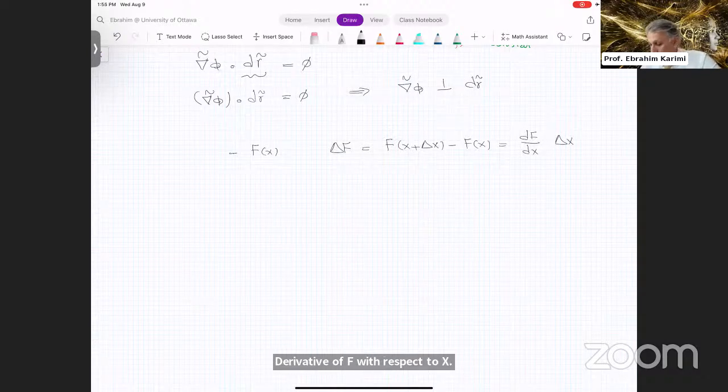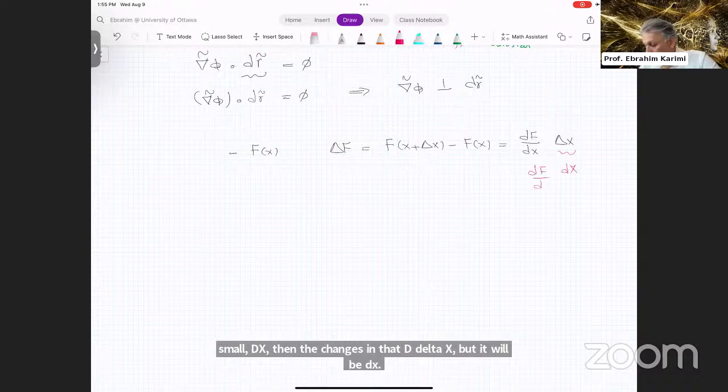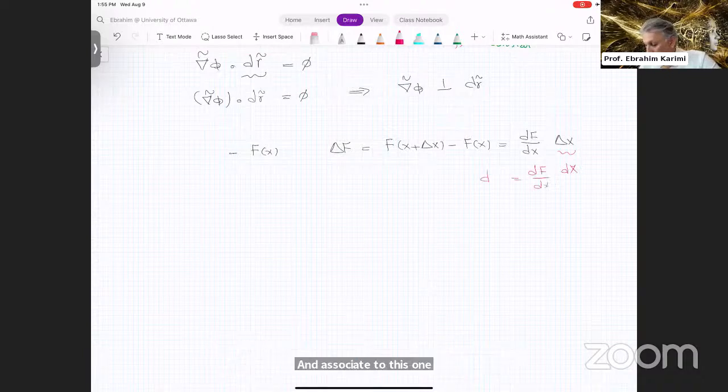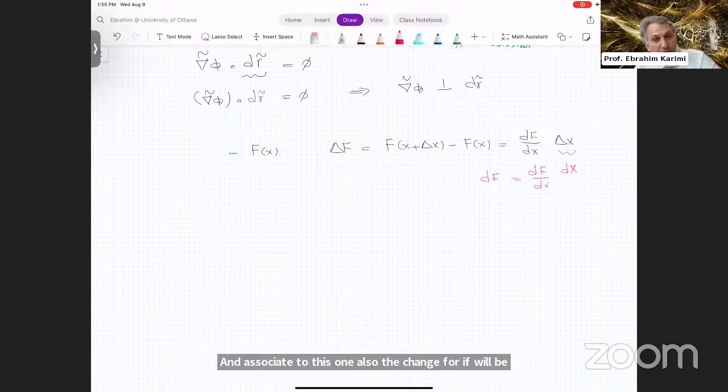Now, if you go to the incremental way, or the infinitely small dx, then the change is not delta x but dx, and associated to this, the change for f will be df. It will be small. Yes, what you say is correct.